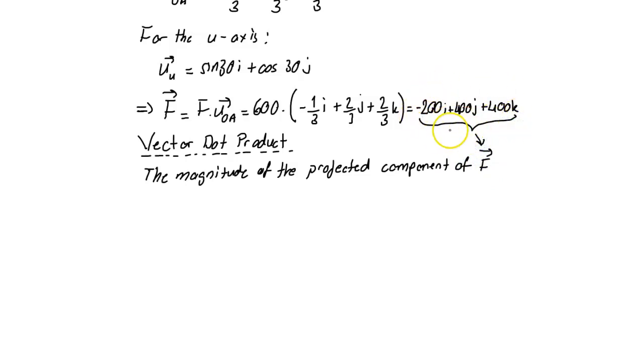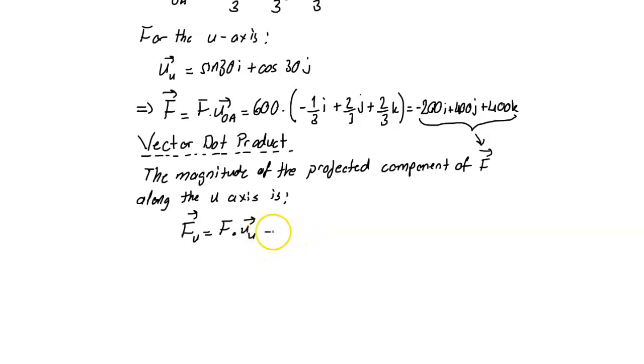We are asking for the magnitude of that projected component of the F vector along the u-axis. That will be: Fu vector will be equal to F dot product Uu vector.